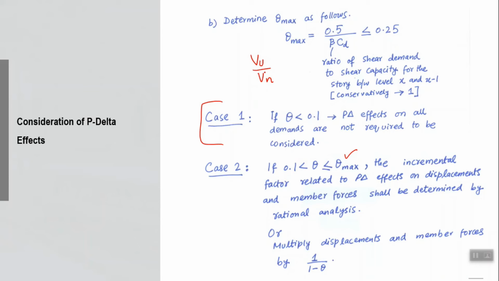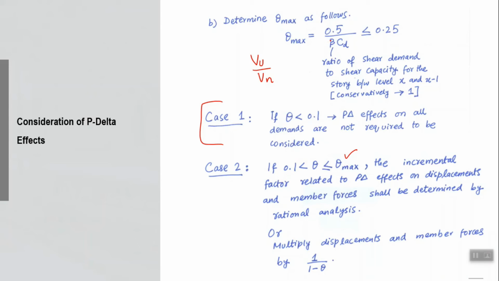So if you have a capacity which is 2 times the applied shear or demand shear, then your beta will be 0.5, right? But in no way can it be greater than 0.25. The theta max value cannot be greater than 0.25, right?